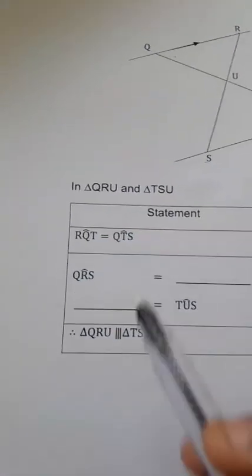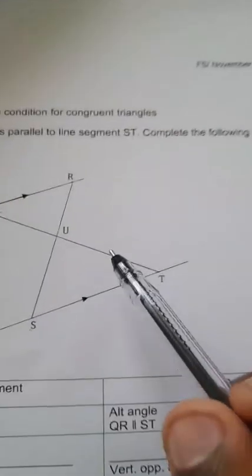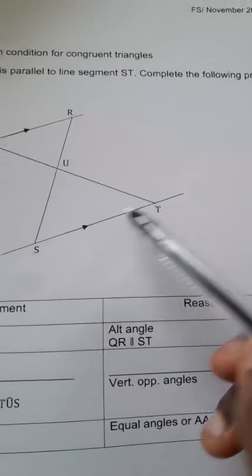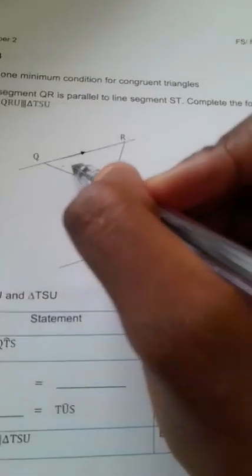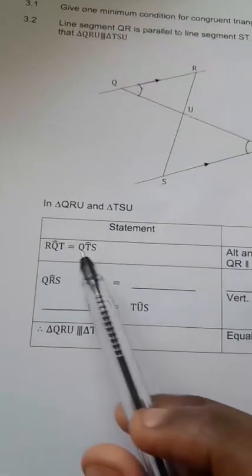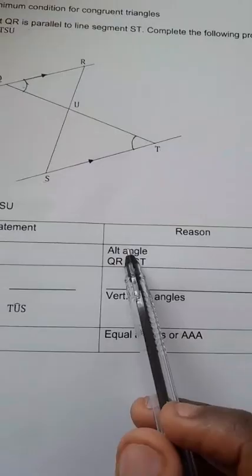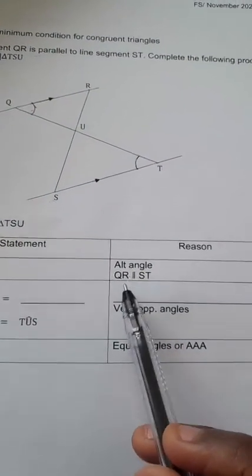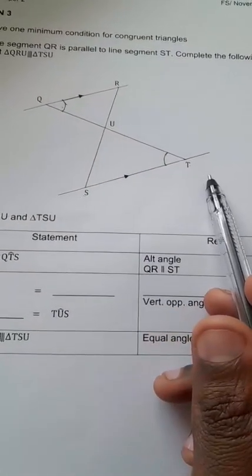They are saying RQT is equal to QTS. This angle, they are saying, is equal to this angle. And then they are saying the reason that is the case is alt angles. Why? Because QR is parallel to ST.